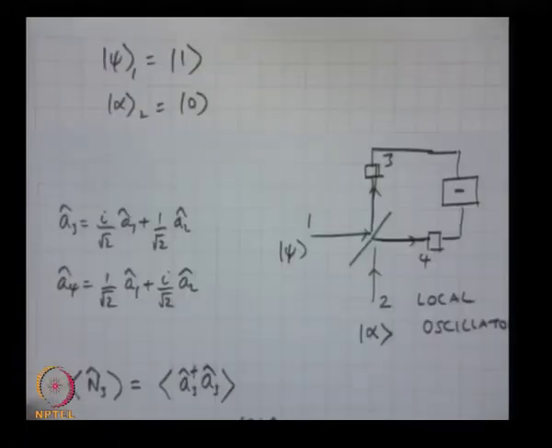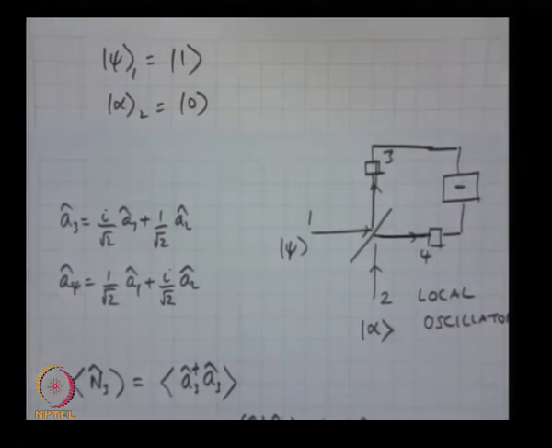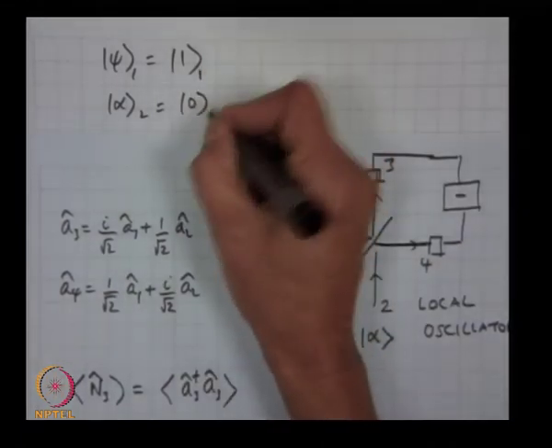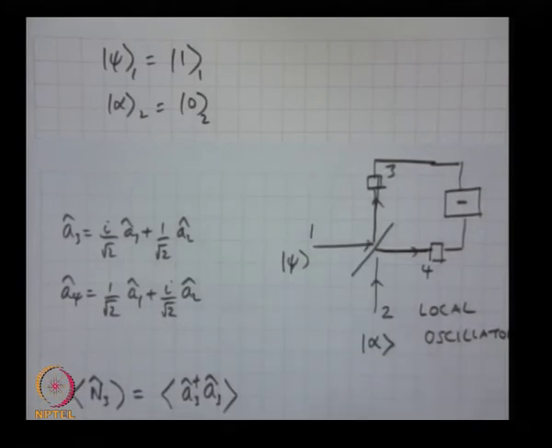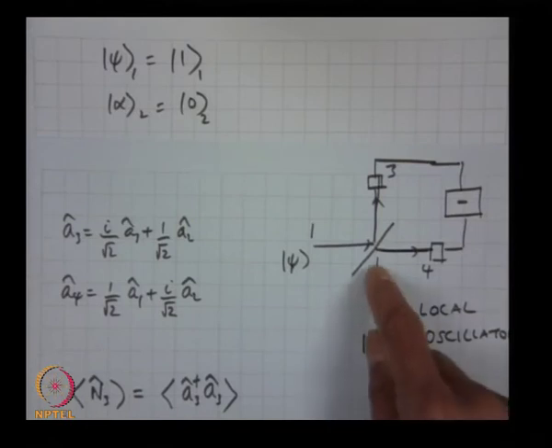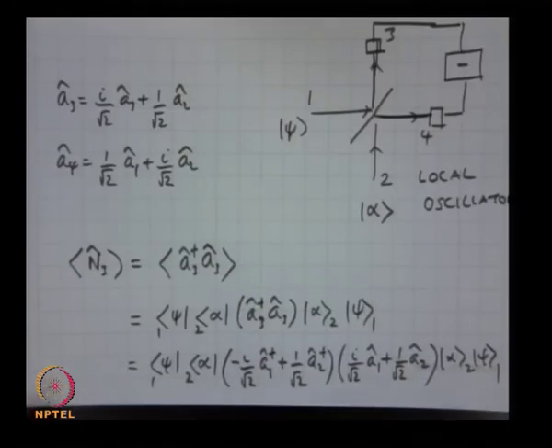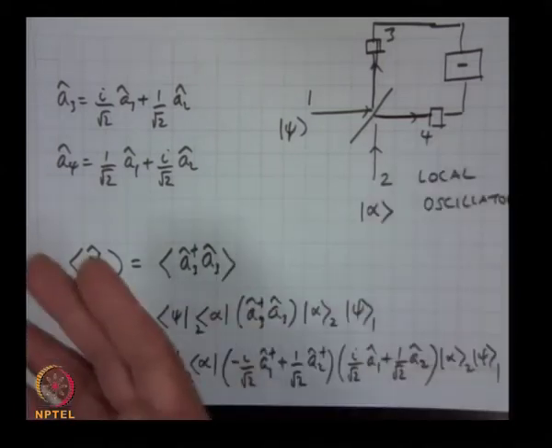Please substitute psi 1 as 1, so the input corresponds to one photon in the input arm 1 and vacuum in the input arm 2. And if you calculate this quantity, you will find half. That is the average number of photons which will be arriving here. Similarly, N4 will be half.